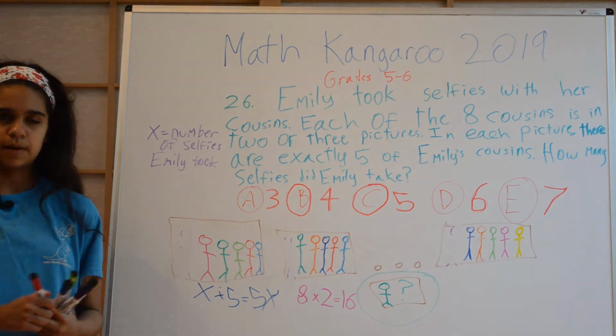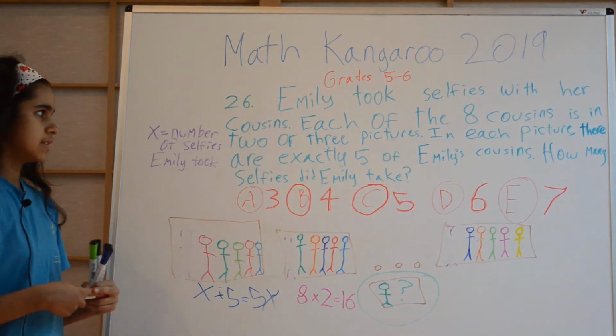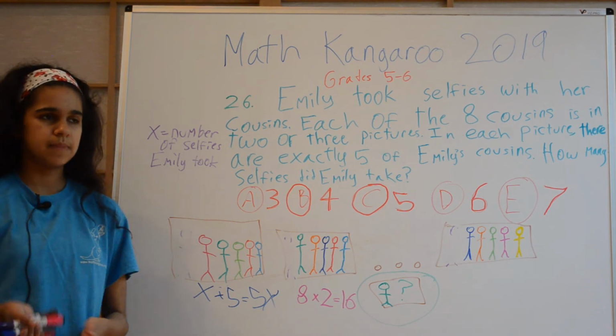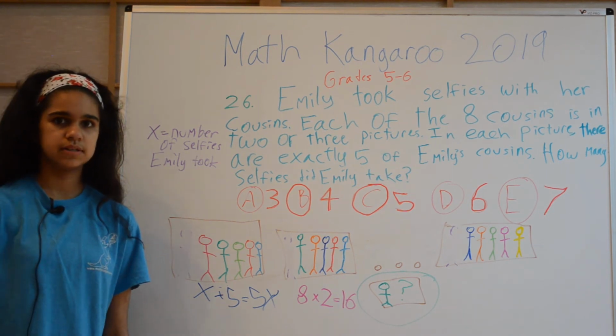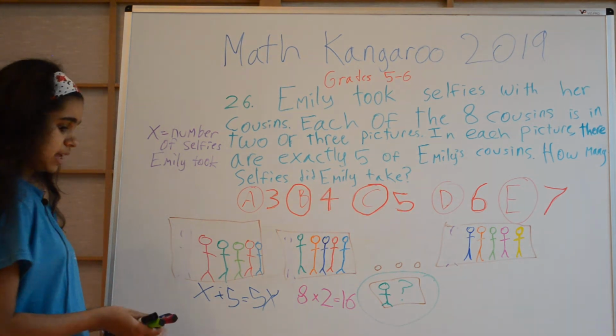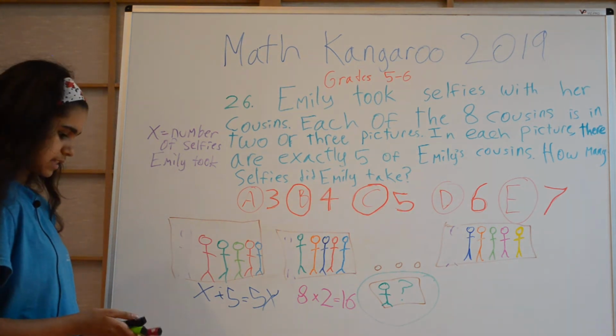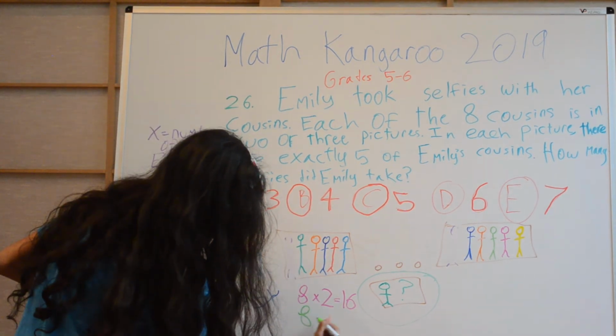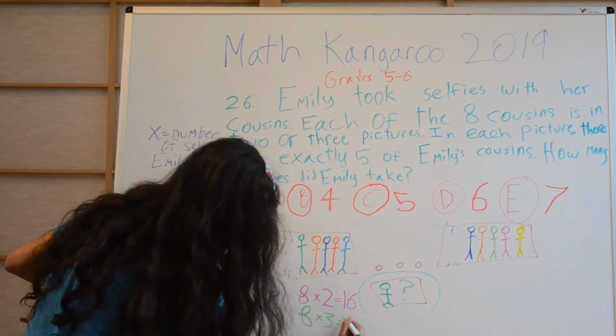Similarly, we can find an upper bound by doing the same thing with 3 pictures. So if we're looking for the largest number, we want to maximize the number of times each cousin appears, and the biggest we can make that number is 3. So the maximum is going to be 8 times 3, or 24.